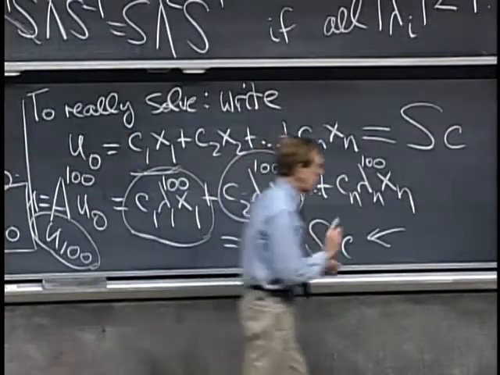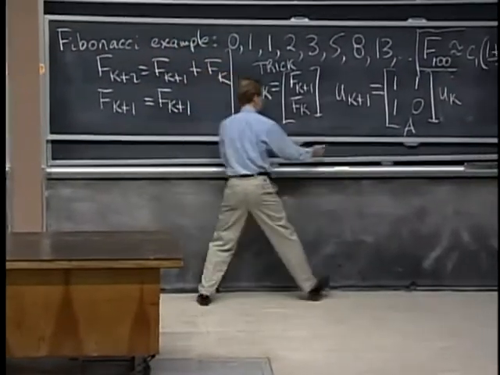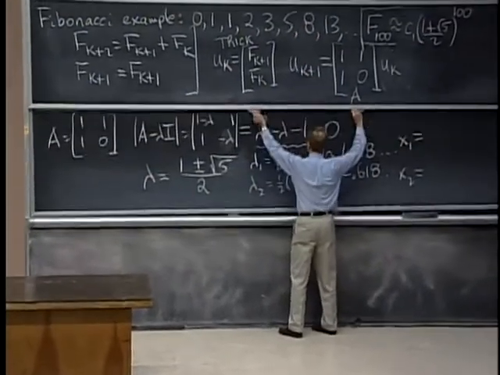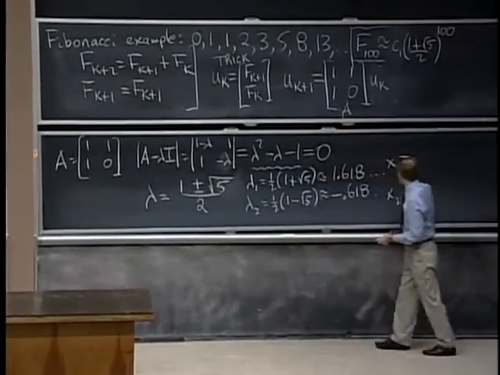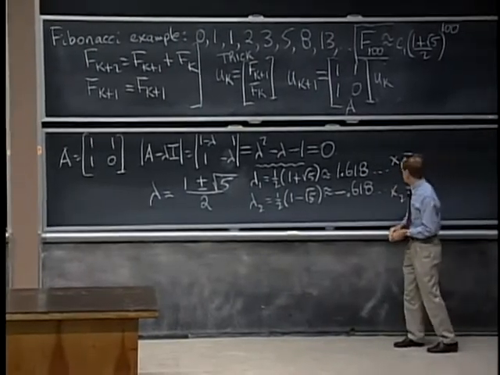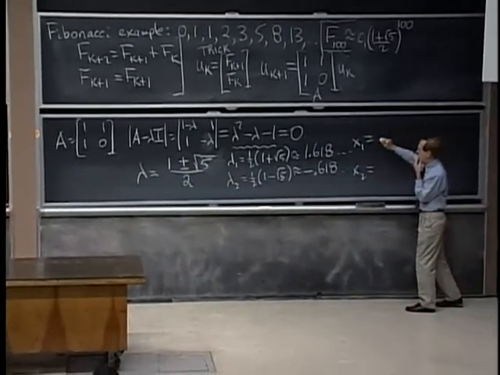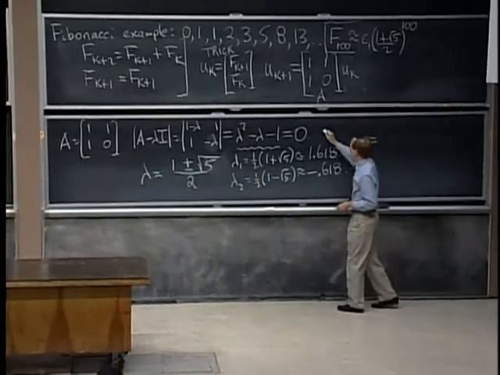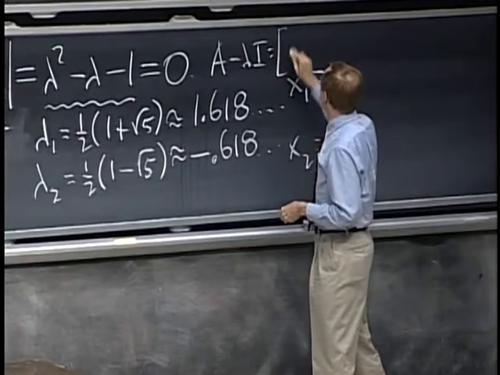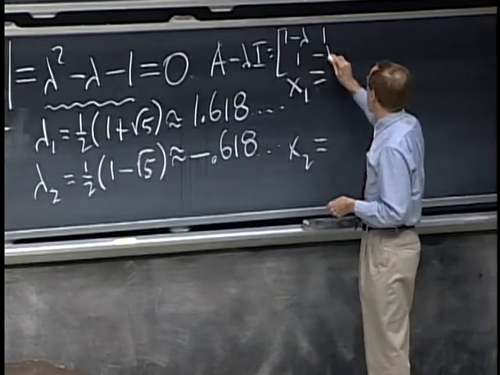Okay, I guess to complete this, I better write down the eigenvectors. So we should complete the whole process by finding the eigenvectors. Up in the corner, I have to look at A minus lambda I. So A minus lambda I is 1 minus lambda, 1, 1, and minus lambda.